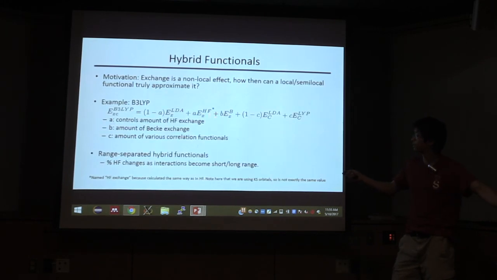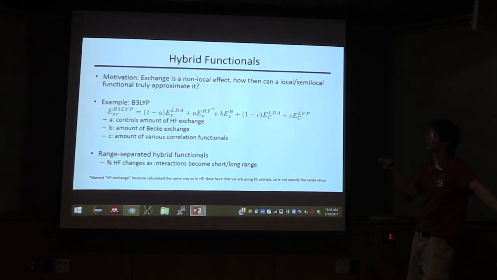So in B3LYP, we have the LDA exchange, the GGA exchange correction, and then we have the Hartree-Fock percent or amount, which is controlled by this A parameter. And then for the correlation section, we have, again, the LDA part and the GGA part, or LYP. And this C parameter was added in just for more flexibility when they were parameterizing B3LYP.